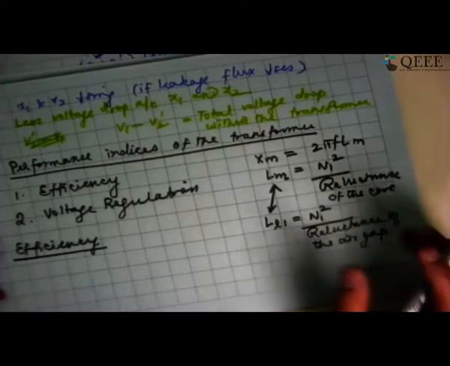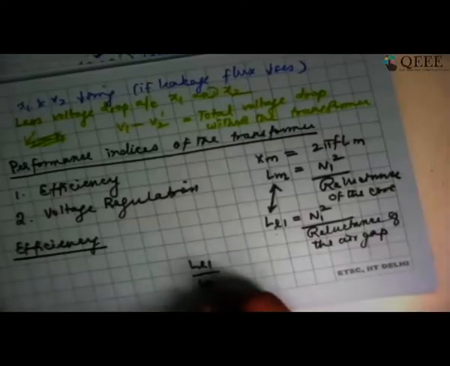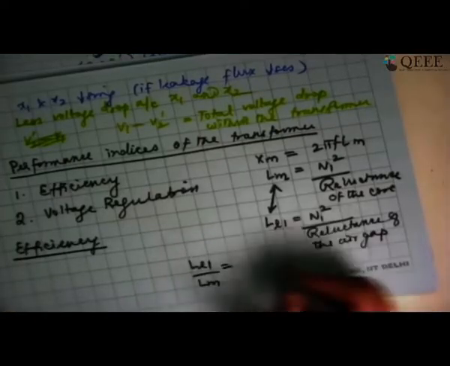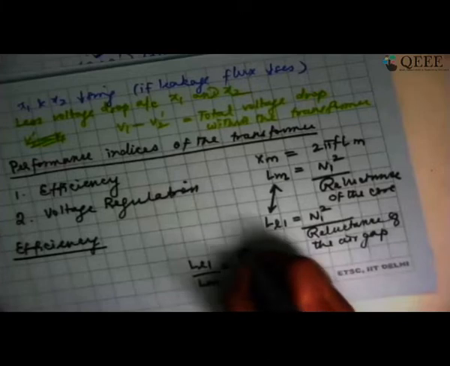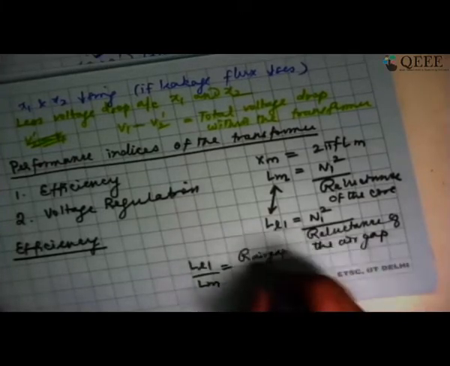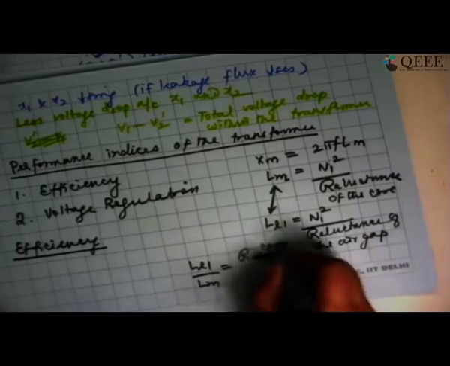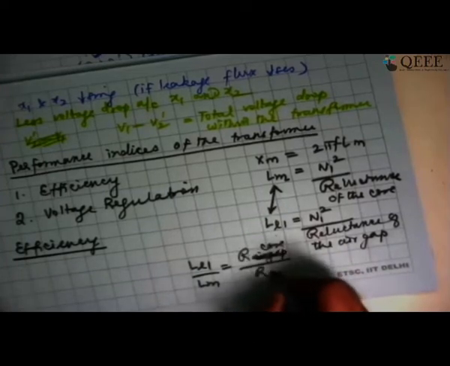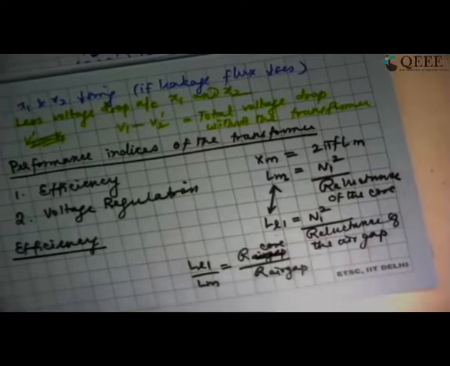It is very difficult to give an absolute figure. Rather than that, I have to look at it in relation to Lm. So LL1 divided by Lm will be equal to the reluctance of the core divided by the reluctance of the air gap. Right? This is how I can calculate. I hope I have answered the question.